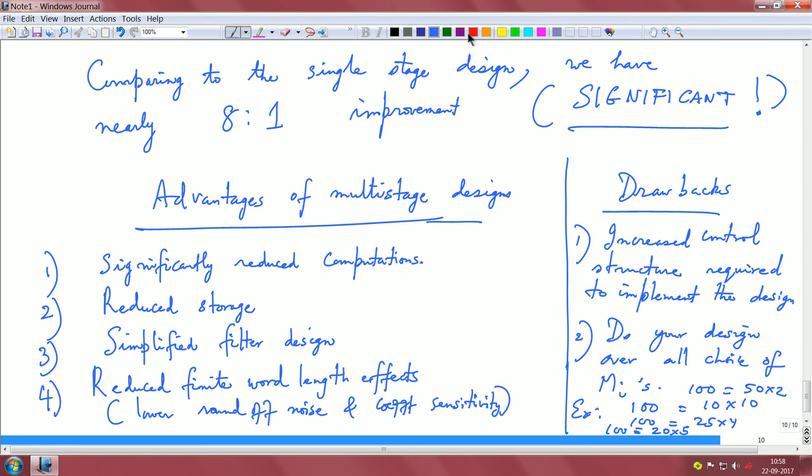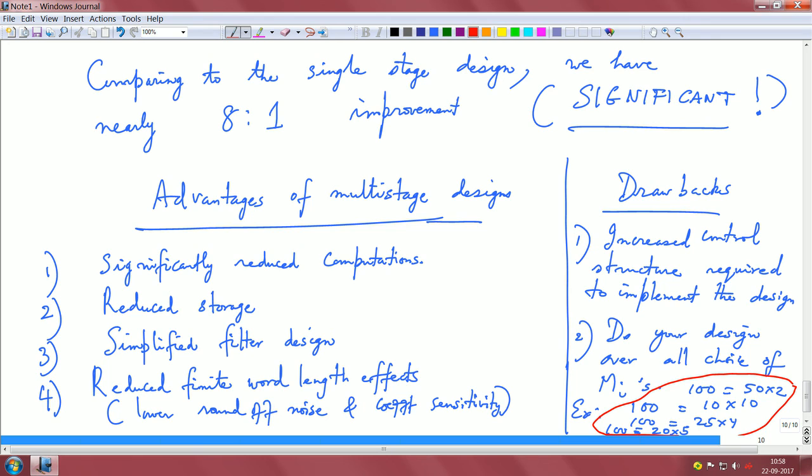I mean, there are all possible combinations of, if you were to think about a 2-stage design, whether you want to downsample by 50 first or 10 or 25 or 20 and then cascade it with either 2, 10, 4 or 5, right. You have all these choices that you will have to think and ponder upon. I do not see it is a drawback, it is just a burden on the designer to be a little more efficient and clever to exercise this control.